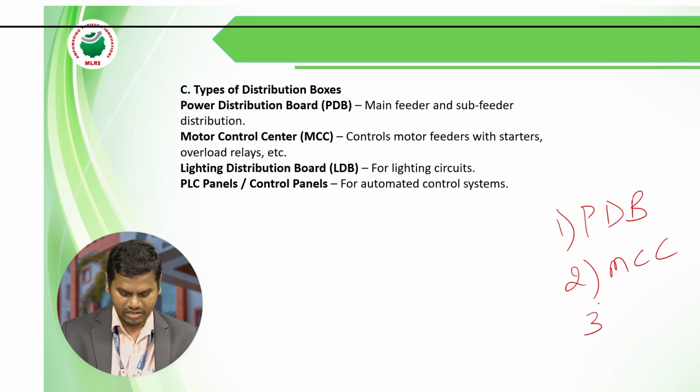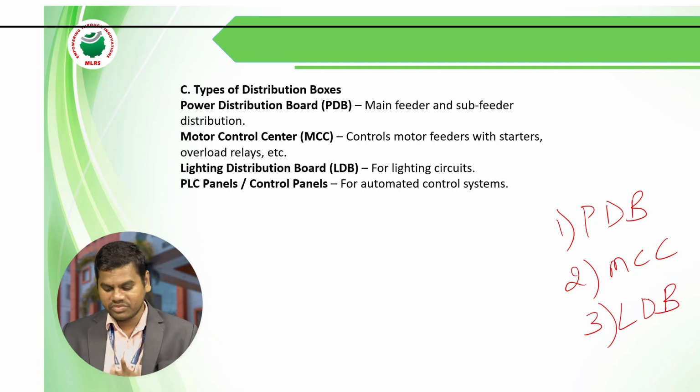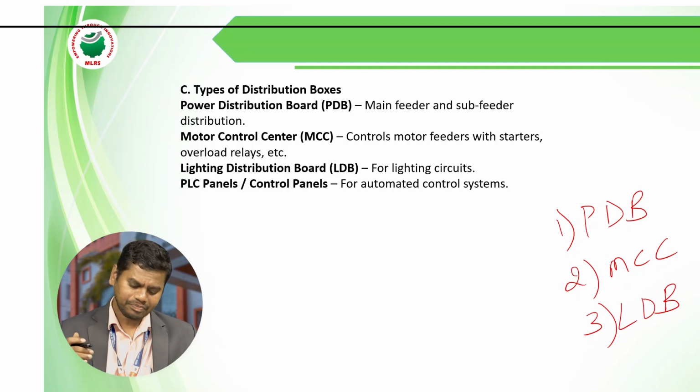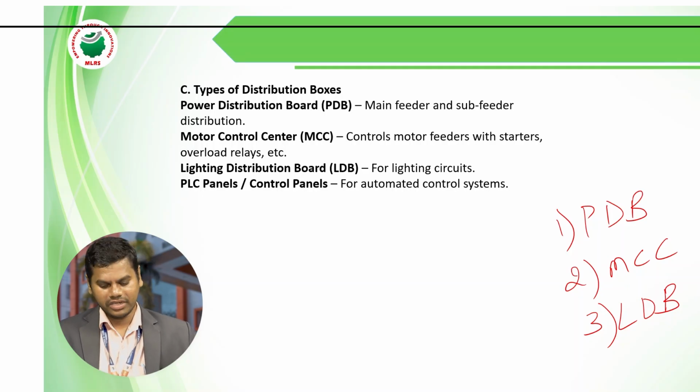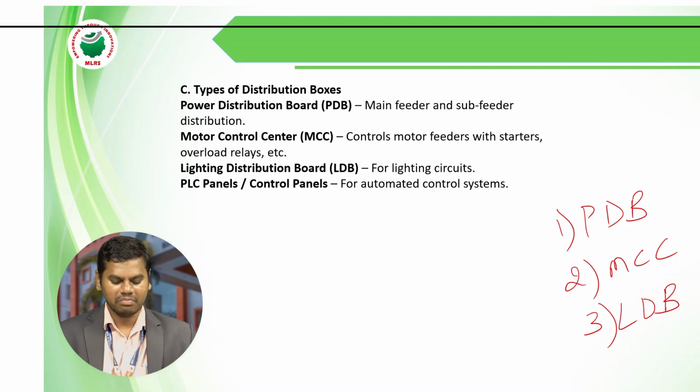The third one is the lighting distribution board. These are the types of distribution boxes. First I'm taking the power distribution board. It is for main feeder and sub feeder distribution, distributing the power to main feeders and sub feeders only.